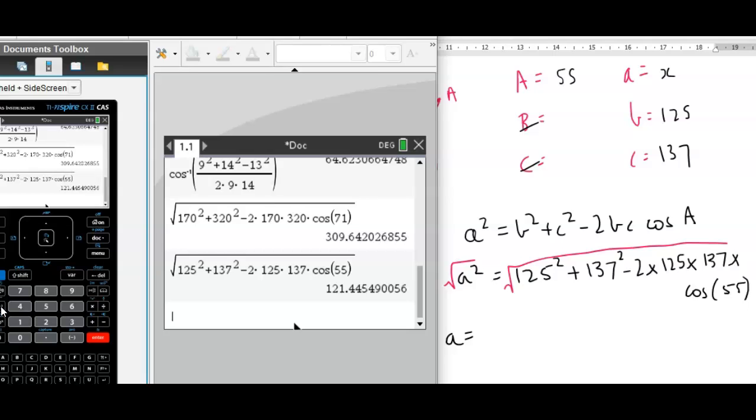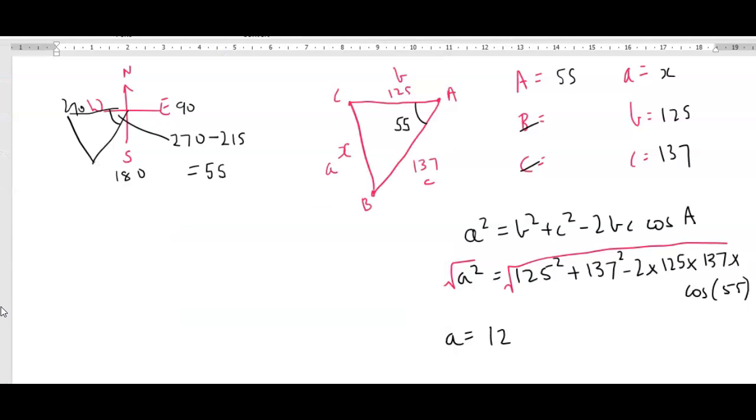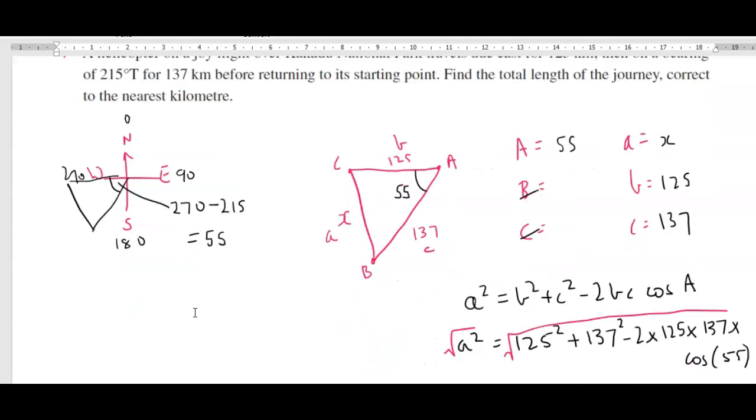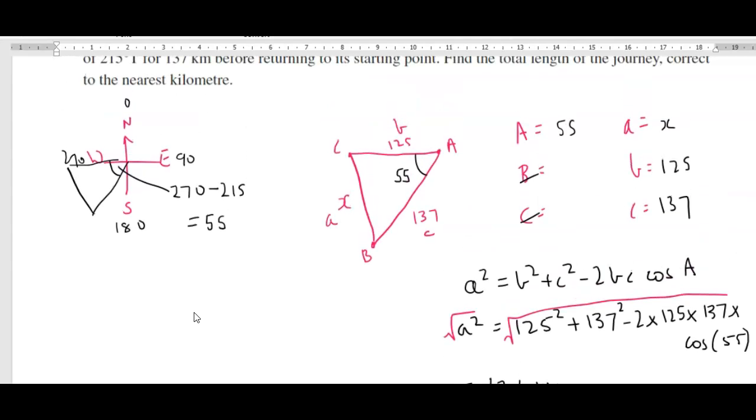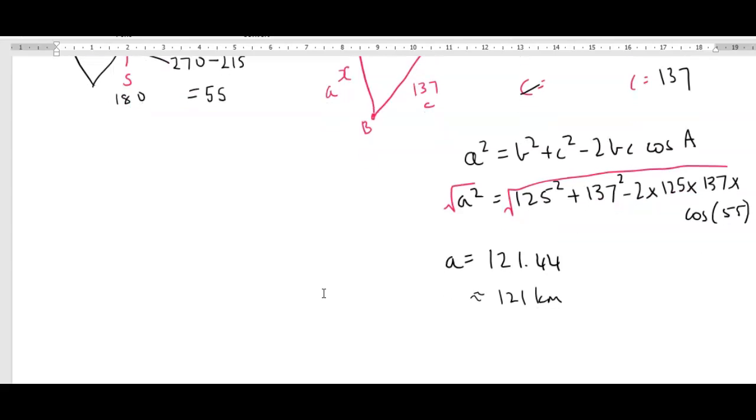So we get 121.44. I don't know how many decimal places it had to be, to nearest kilometre. So 121 kilometres. And that looks about right. If you look at the other sides, 125, 137, and looking at that angle, you'd want something around that. So I'm pretty confident with that answer.